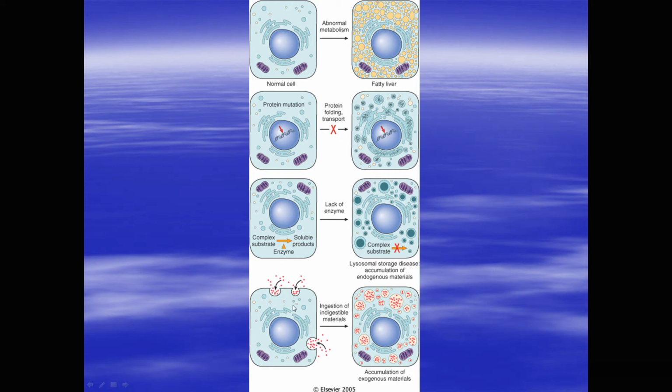And finally, ingestion of some materials that may be indigestible. Accumulation of this material will cause damage to the cell. This is observed in diseases such as anthracosis or asbestosis, accumulation of exogenous material in the cell and damaging of the cell.